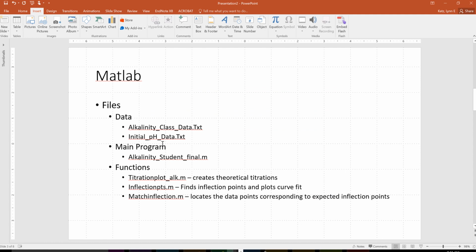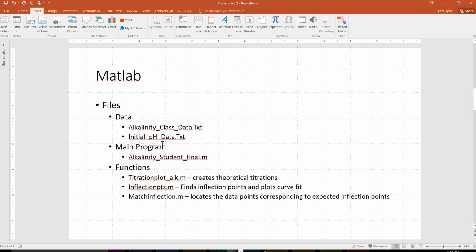Okay, so within Canvas, we've put a zip file that contains a number of files within it. The first 2 are data files. Alkalinity class data contains the data for each of the titrations that we've selected for analysis. The second file contains the initial pH associated with each of those.